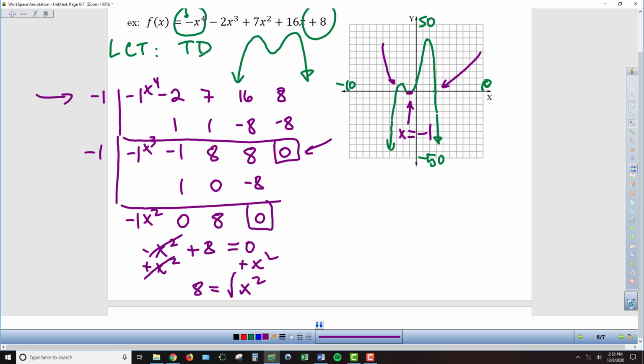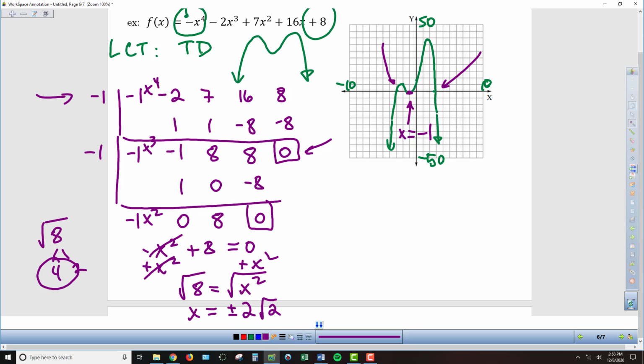Now I'm going to take the square root of both sides. So we're eventually going to get x equals plus or minus, as always. Now the square root of 8 I can simplify. I can break it into 4 and 2. 4 is a perfect square, so that's going to come out as a 2. So it's going to simplify into 2 times the square root of 2.